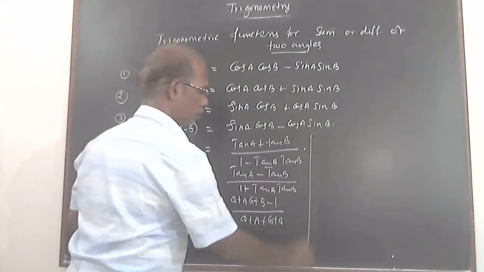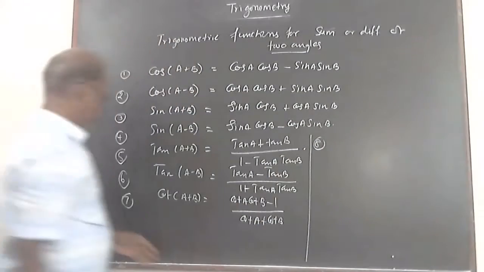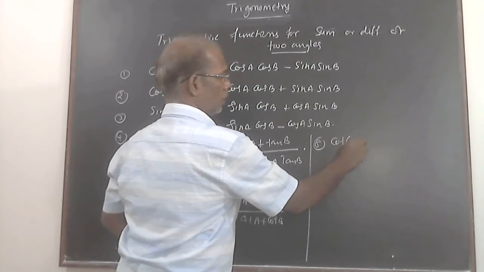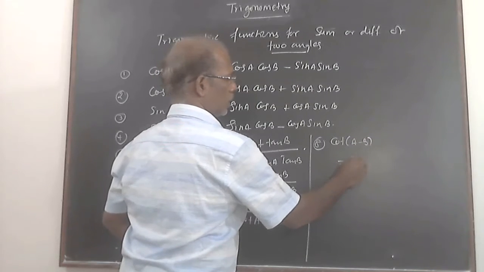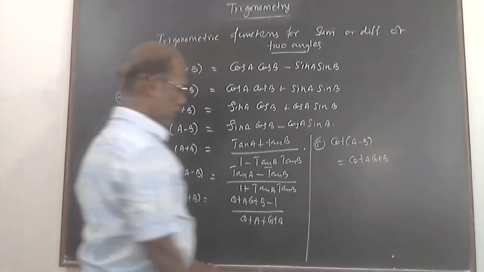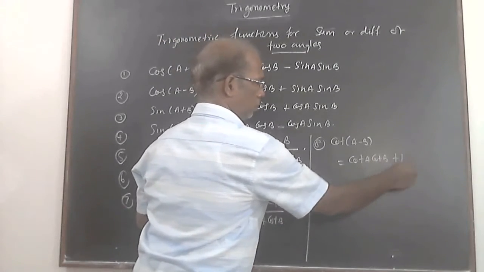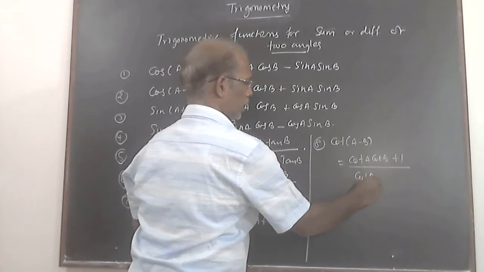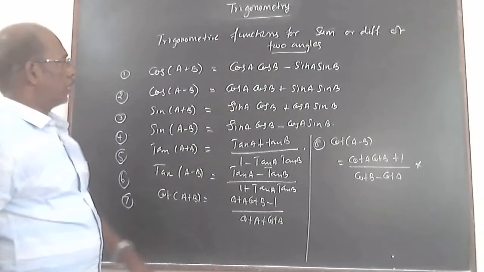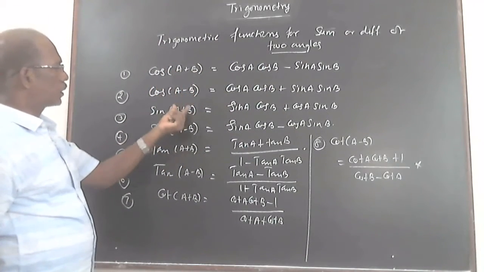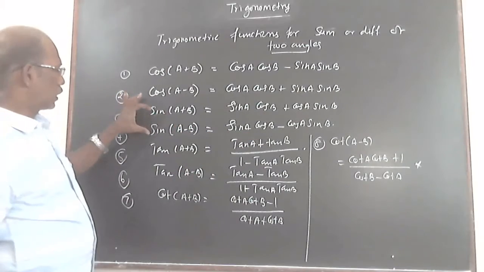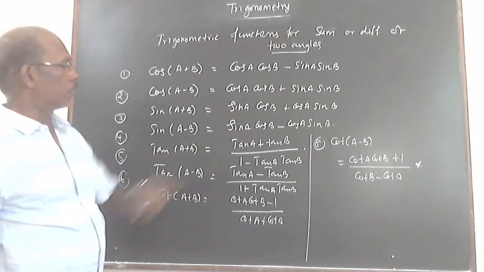The eighth one, cot of A minus B, is cot A cot B plus 1, with the denominator cot B minus cot A. So remember all these formulas: sum, difference, sum, difference, for the cos, sin and tan combination and the cot combination.